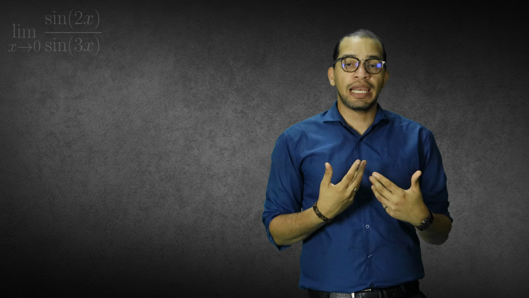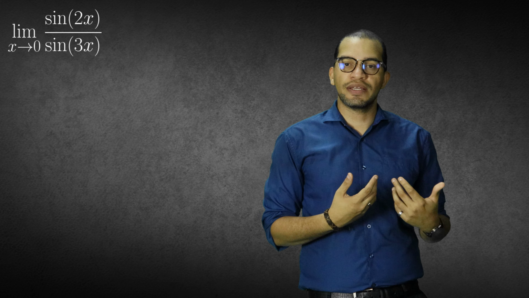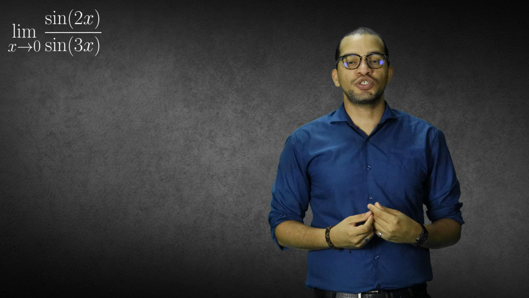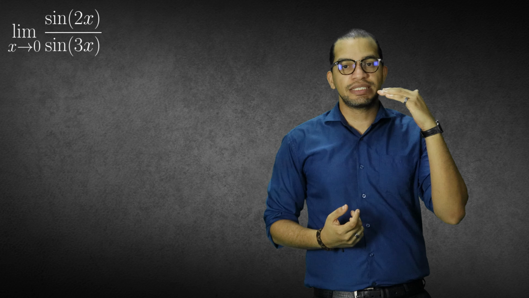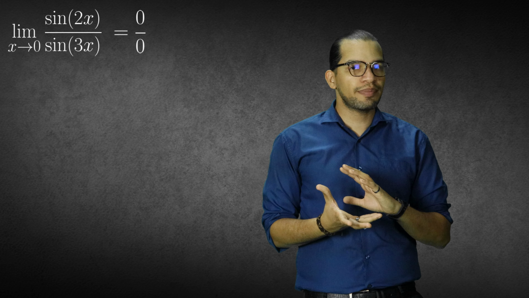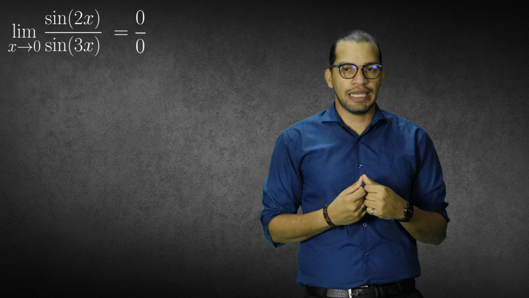Let us consider the following limit. The limit when x goes to 0 of sine of 2x divided by sine of 3x. If I do the naive substitution, I get the indeterminate form 0 over 0. So we have to do some algebraic manipulation to the function so we can get to the right limit.